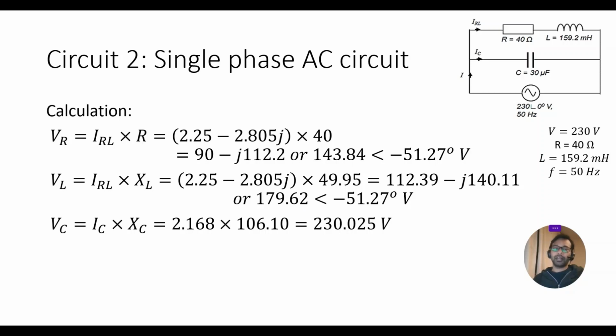I have not measured it in the Simulink model, so you can use the cursors to measure those voltages. They should come out to be quite close to this value. And finally, the voltage across the capacitor comes out to be 230 volts.